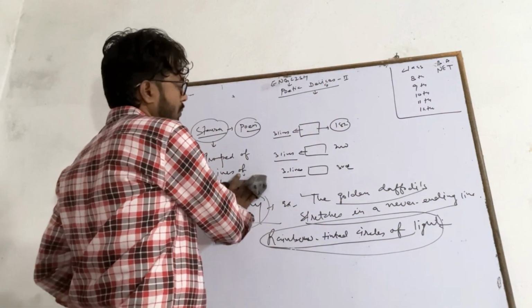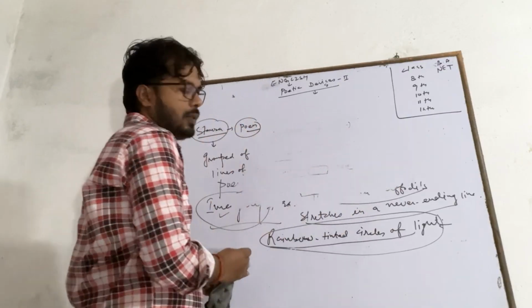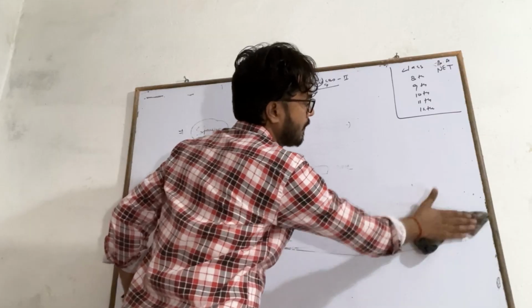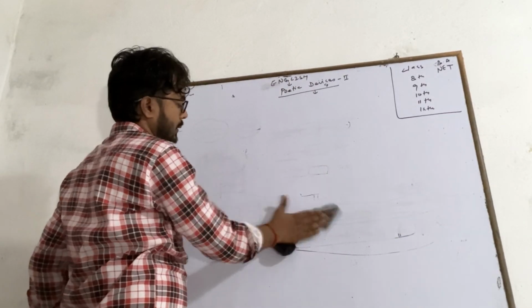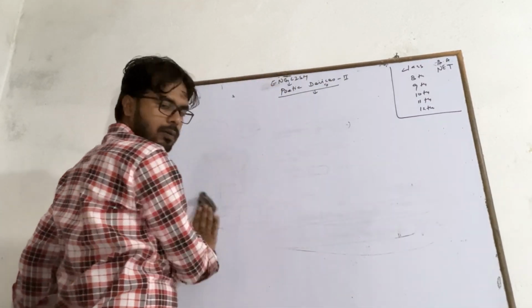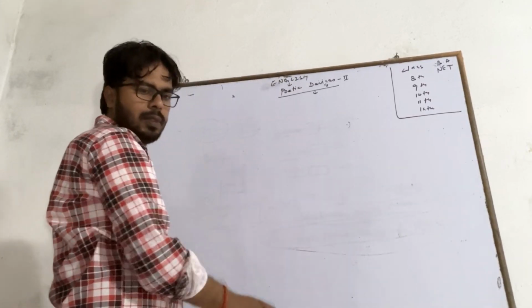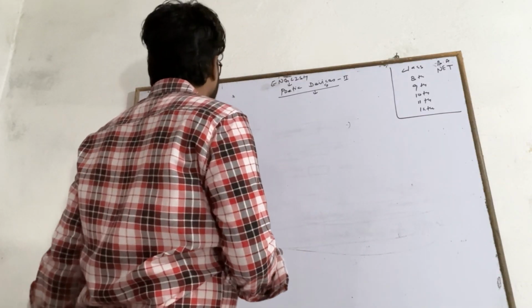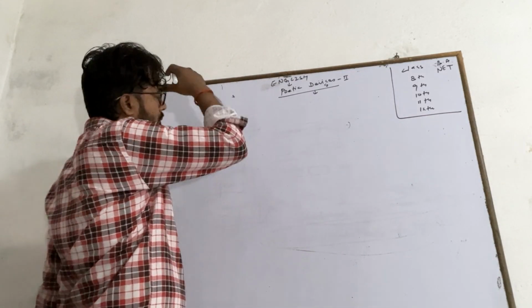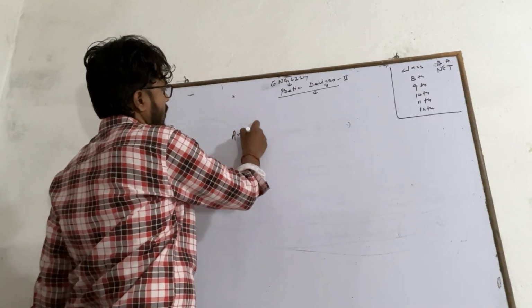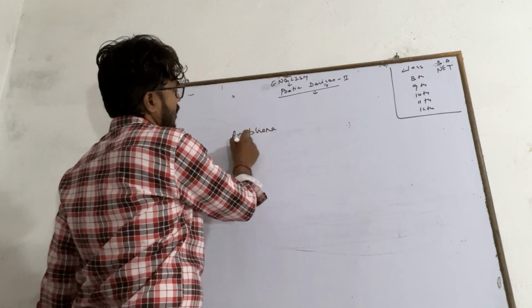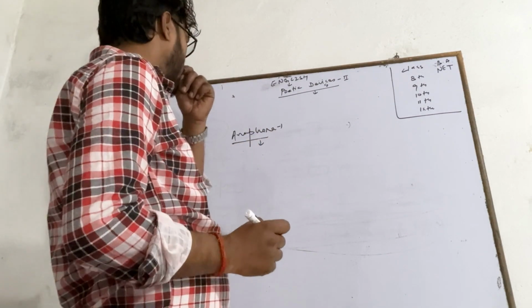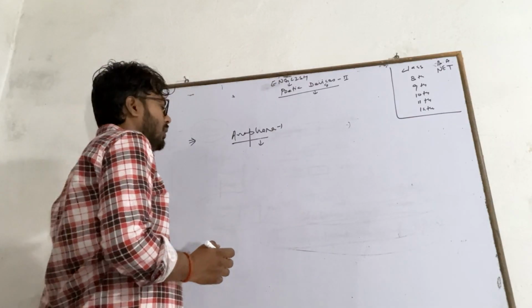And another one is anaphora. This is also a poetic device, and it is also very important.